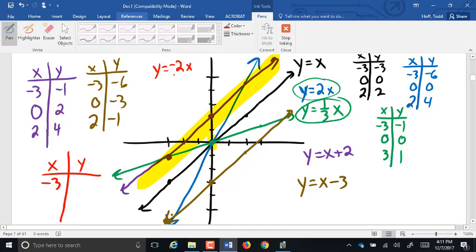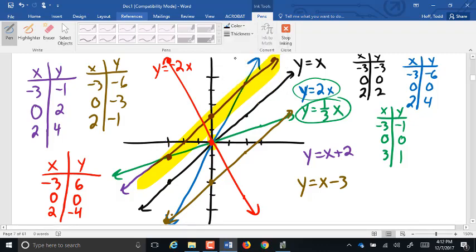Well, -2 times -3 is +6. That's going to be somewhere in here. If x is 0, what would y be? Well, -2 times 0 is 0, right there. And if x is 2, y would be -4. So 2, -4. So you can see multiplying by a negative does make that line go the other, angle the other direction across our graph.